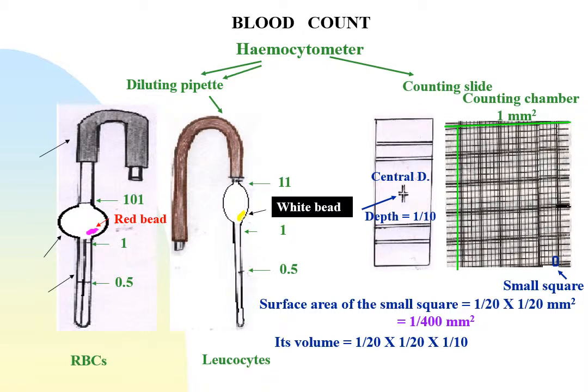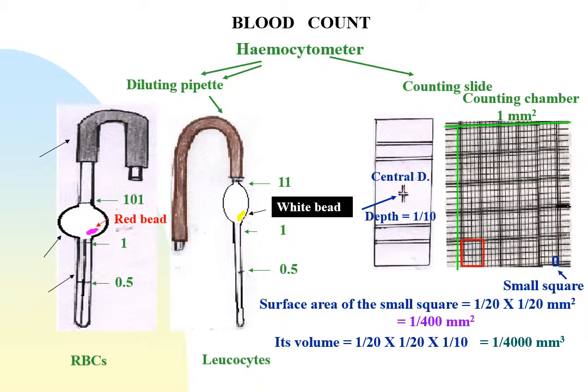The volume of each small square equals the length multiplied by the width multiplied by the depth, that is 1/20 multiplied by 1/20 multiplied by 1/10, equals 1/4000 of a cubic millimeter. This is the volume of each small square.